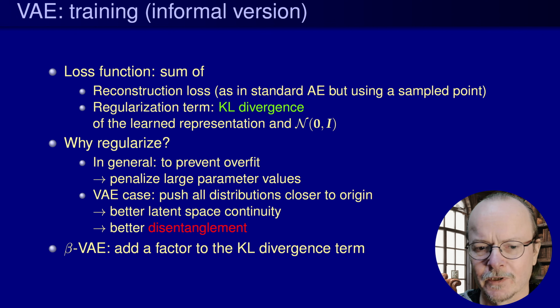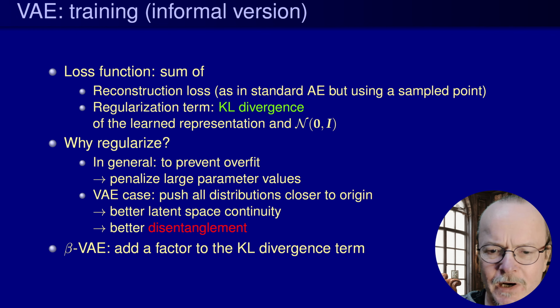These two component losses make up the VAE loss function. We can simply sum them up, but usually they are combined with hyperparameter weights to control their influence on training.